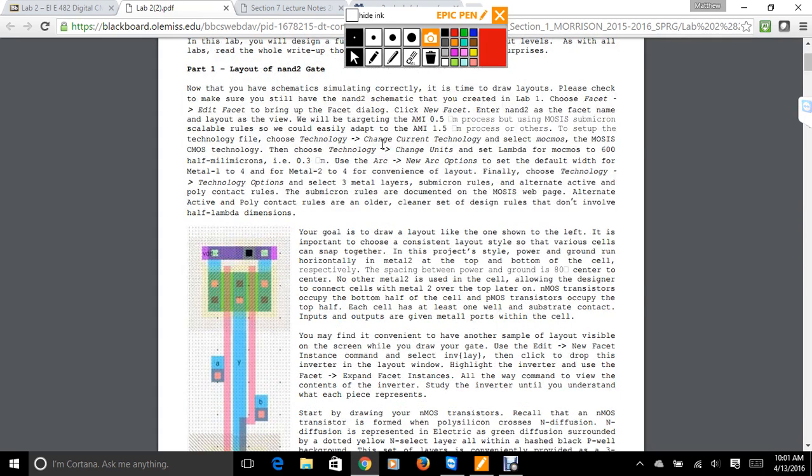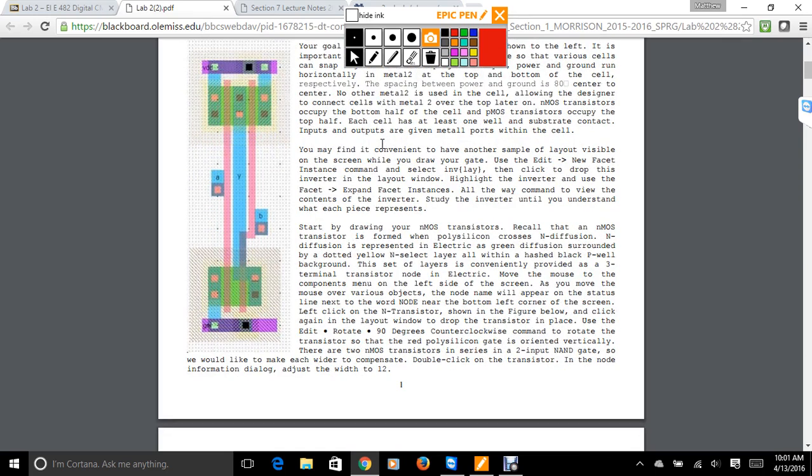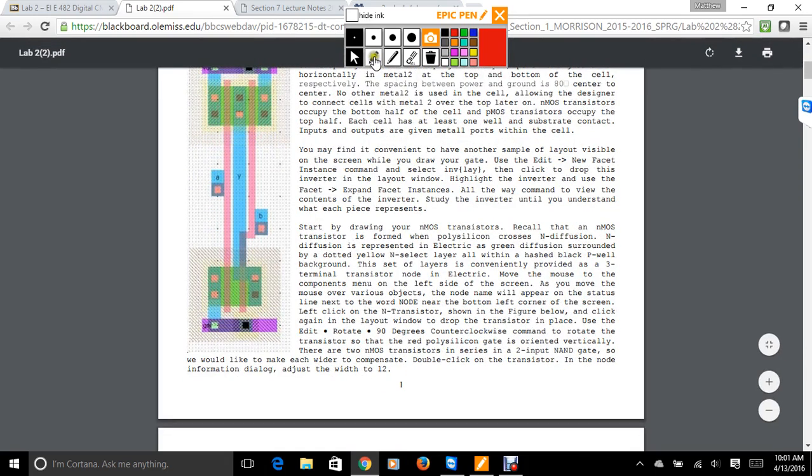So in this particular part, here's my advice for the layout of the NAND gate: make sure you follow the steps very clearly. The common mistake was you got to a certain point and something wasn't working. Like you all are figuring out, it's free, but it's worth what we paid for it, right?